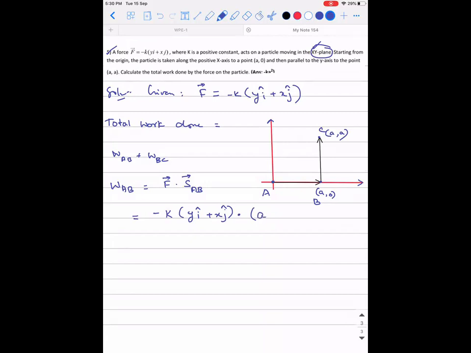The initial position is the origin, so it is (a minus 0) i cap plus (0 minus 0) j cap. If you multiply both, you get minus k into y into a. Accepted? Yes, sir.